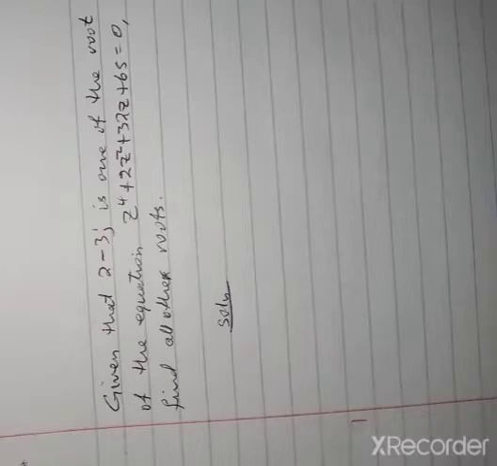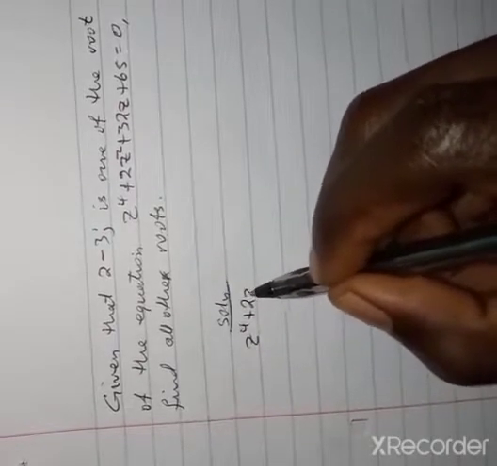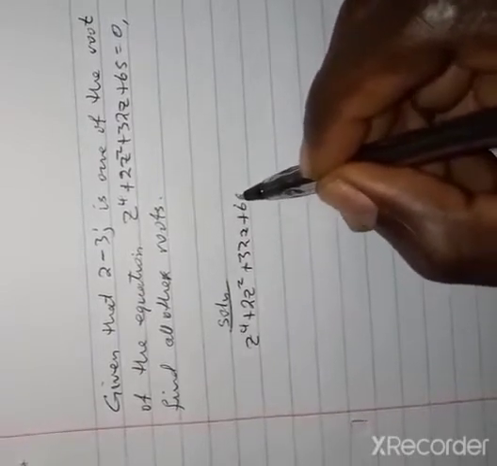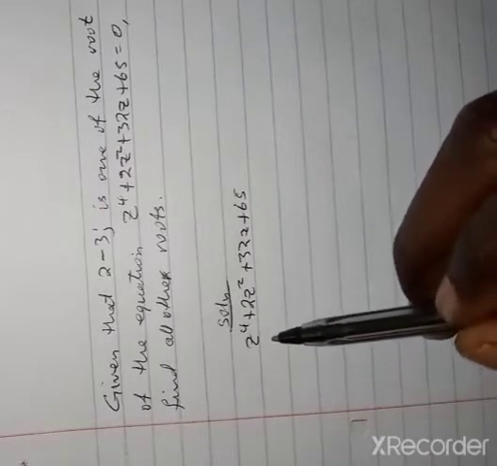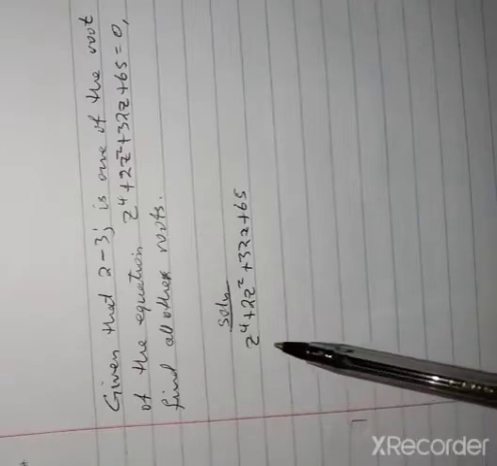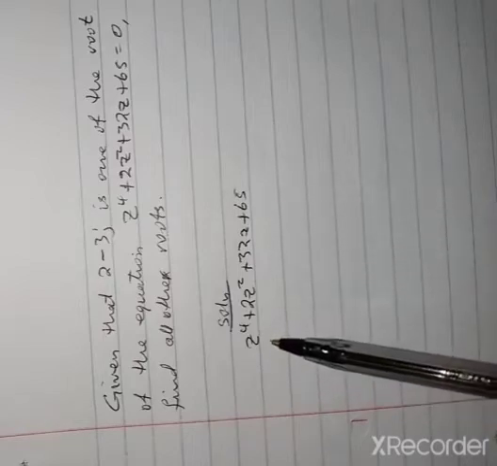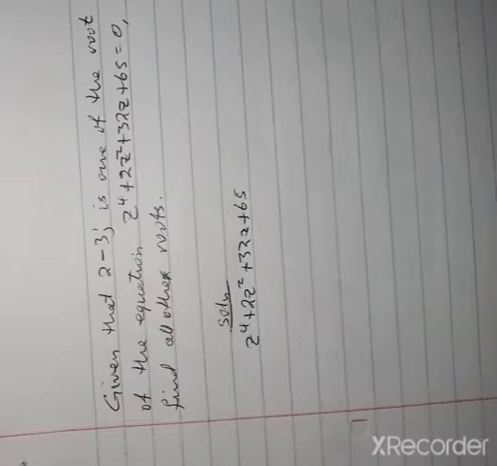So that means in our equation z to the power 4 plus 2z squared plus 32z plus 65, all of the coefficients are real. We don't have an imaginary coefficient. Therefore, the complex roots to this particular equation will occur as a conjugate pair.